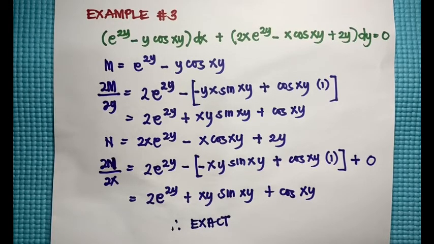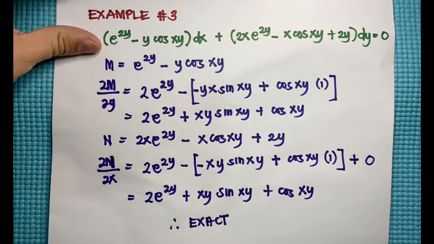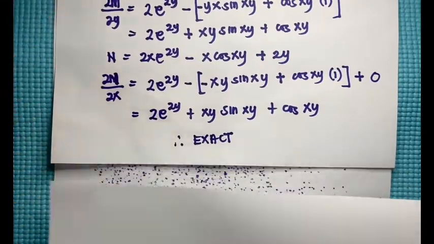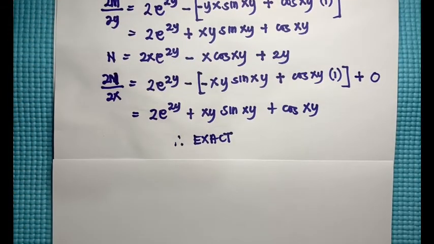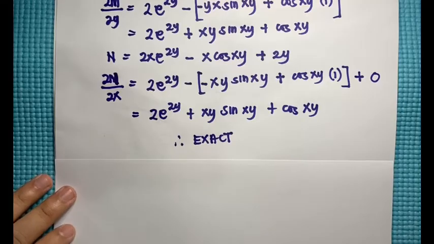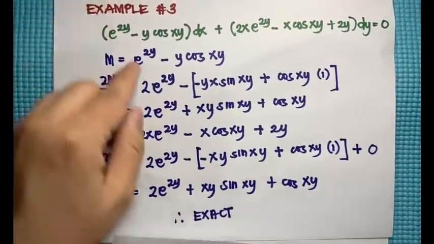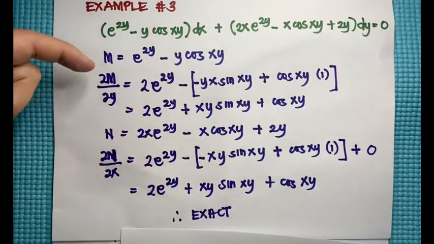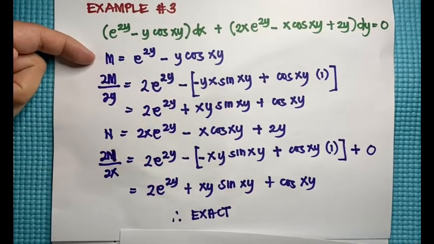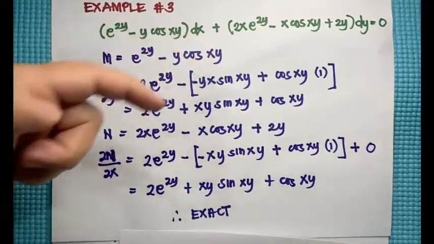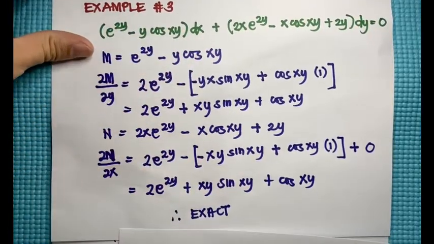So our next step would be to find the function to integrate. Either we choose M or N. Based on our given, M has 2 terms while N has 3 terms.